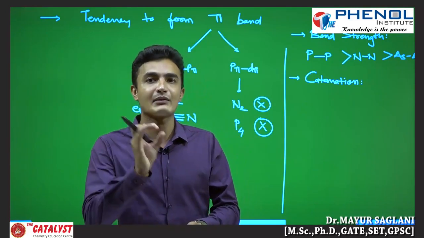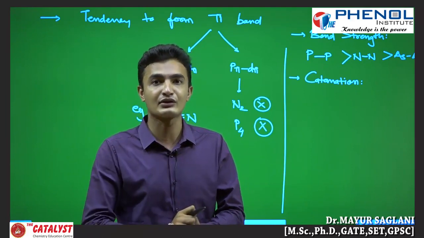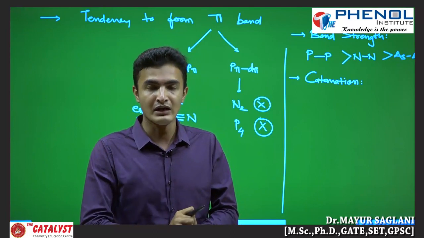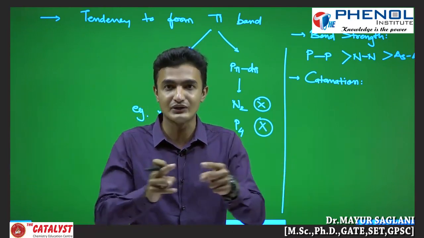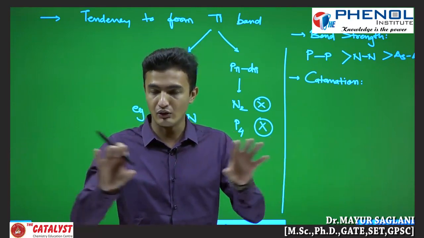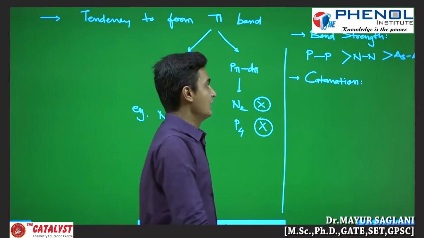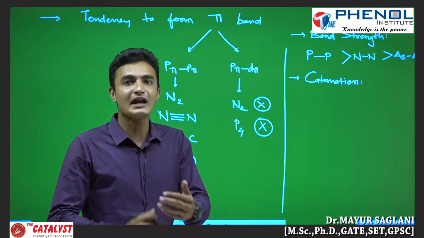Fine. So if you see the carbon bond and the silicon bond, then the carbon bond is stronger than the silicon bond. That's why carbon can make a chain of 25, 30 carbons, and silicon cannot form the longest silicon chain. Okay, so catenation is the property of an element to bind with the same element.